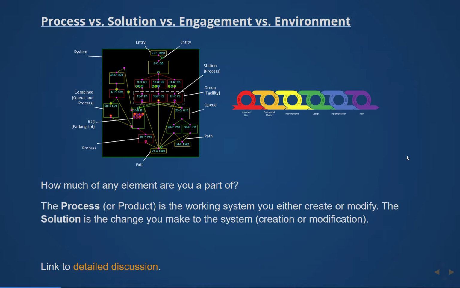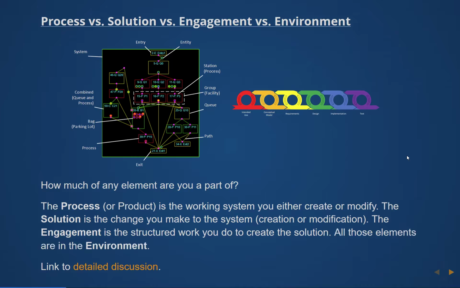The solution is the change you make to the system to either create or change it. The engagement is the work you do to create the solution. And the rest of the talk will be about the structure of those engagements, because no matter how you think about it, they all work more or less the same way.